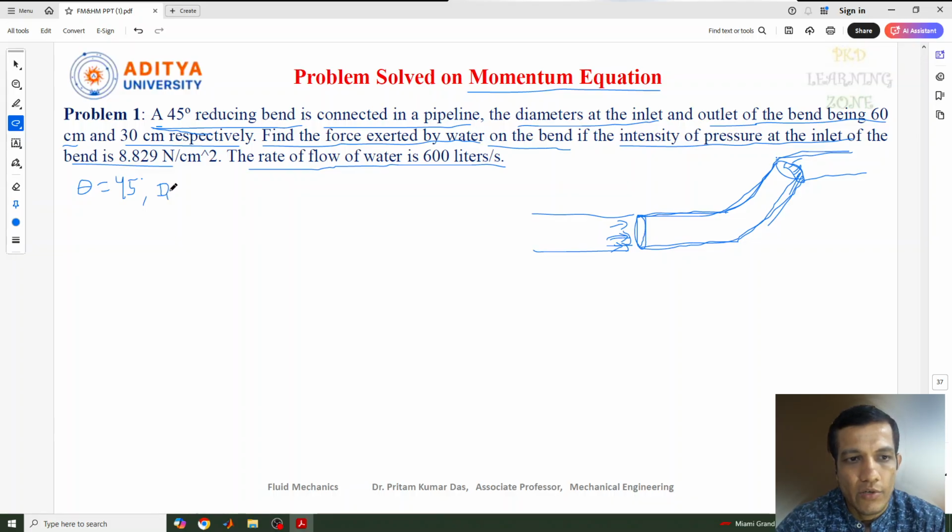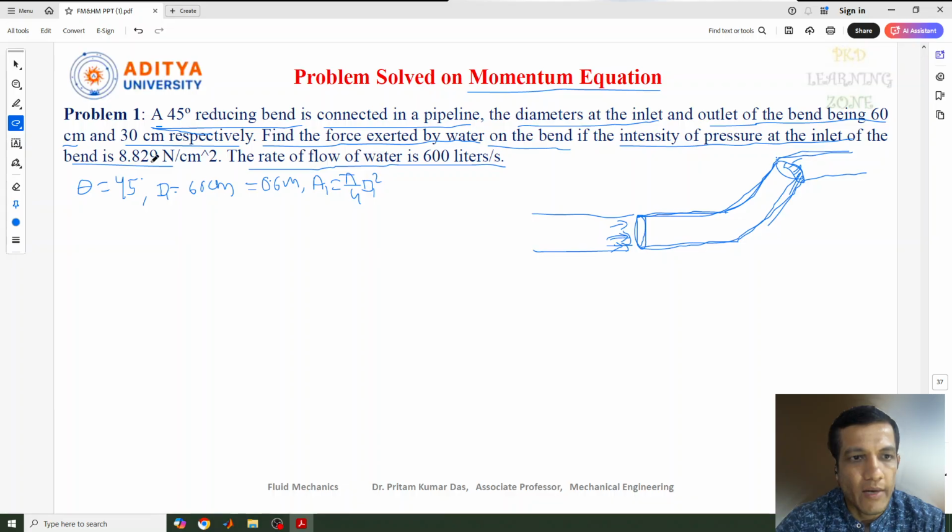Suppose D1 is 60 centimeter, so let's convert it into meter, 0.6 meter. And from here we can find the area at section 1. The formula is pi by 4 times D1 square.